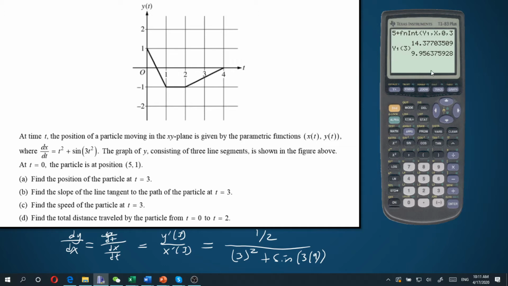Okay, so I've got 9.956. So half divided by that is roughly 0.05.